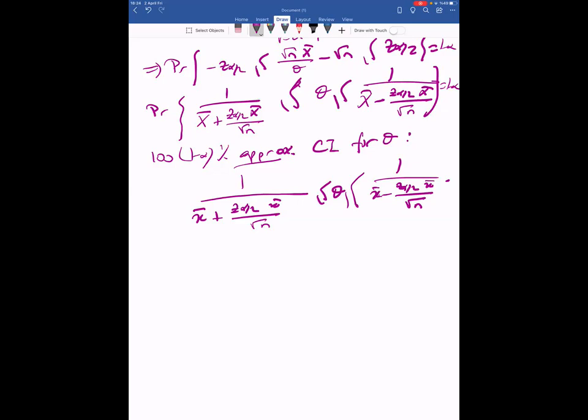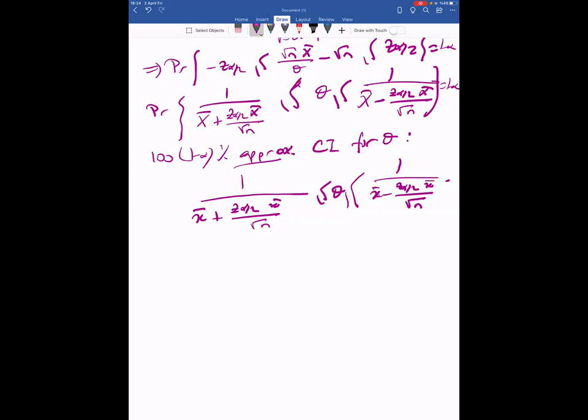This method is known as the delta method, similar to the Box-Cox transformation that we apply to make sure our distribution is normal or our variance is constant. Remember, for time series cases, sometimes we use that to get stabilized variance. So basically we apply the delta method.